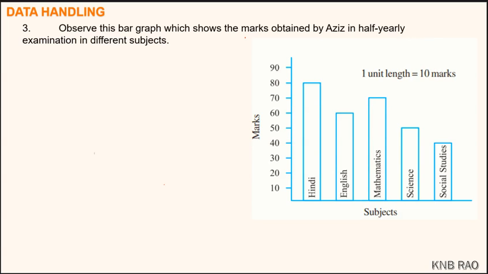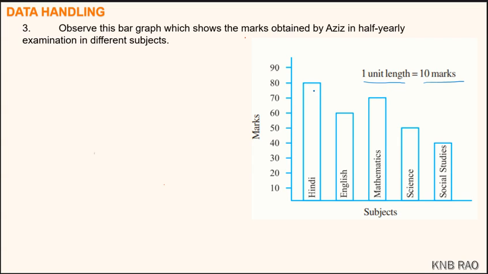Now question number 3. Observe this bar graph which shows the marks obtained by Ajij in the half yearly examination in different subjects. Here is the bar graph. Here you could see 1 unit length is equal to 10 marks, and here bars are parallel to the vertical axis. So, this is a vertical bar graph. In this vertical bar graph, what are your interpretations?